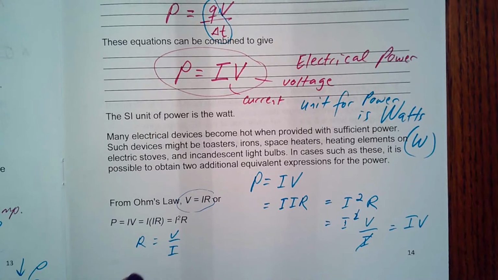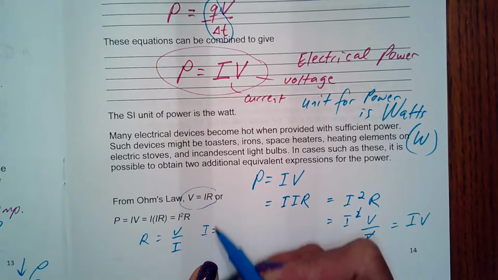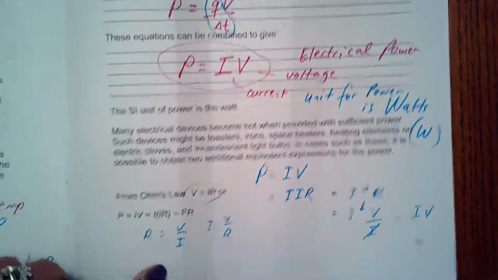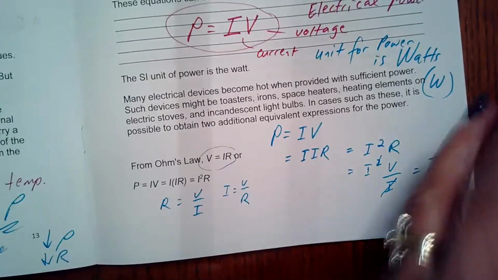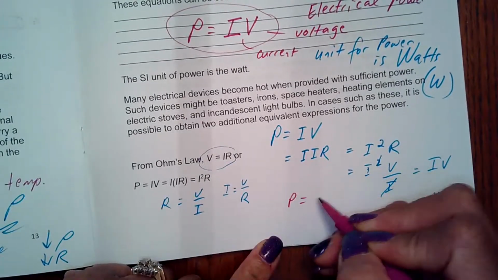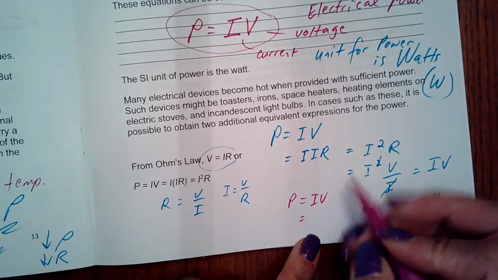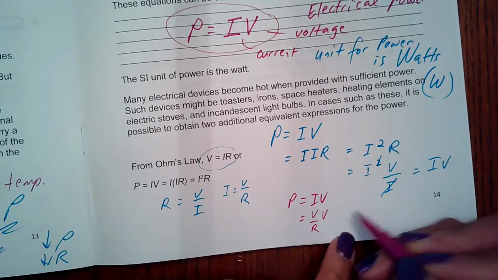But now if I look at I equal to V over R, I'm going to eliminate one of the I's. So from P equals IV, I'm going to take the I and put V over R. So I is V over R, and the V is still here.